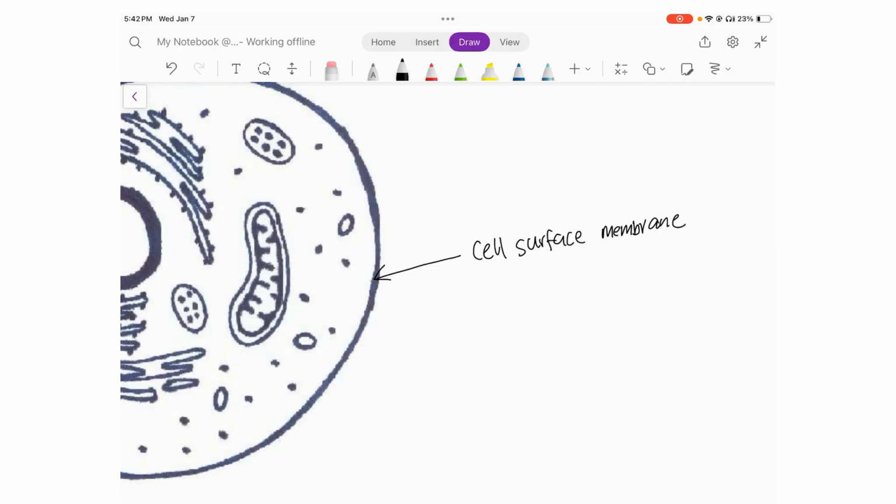The cell surface membrane of cells is made up of a structure known as a phospholipid bilayer. Now, what the phospholipid bilayer is, it looks a little something like this.